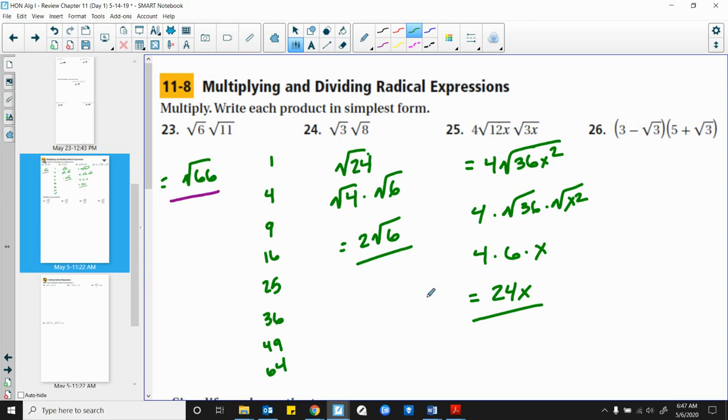Okay. For 26, we're probably going to need some more room here, but we will give it a try. For 26, we have to FOIL, okay?